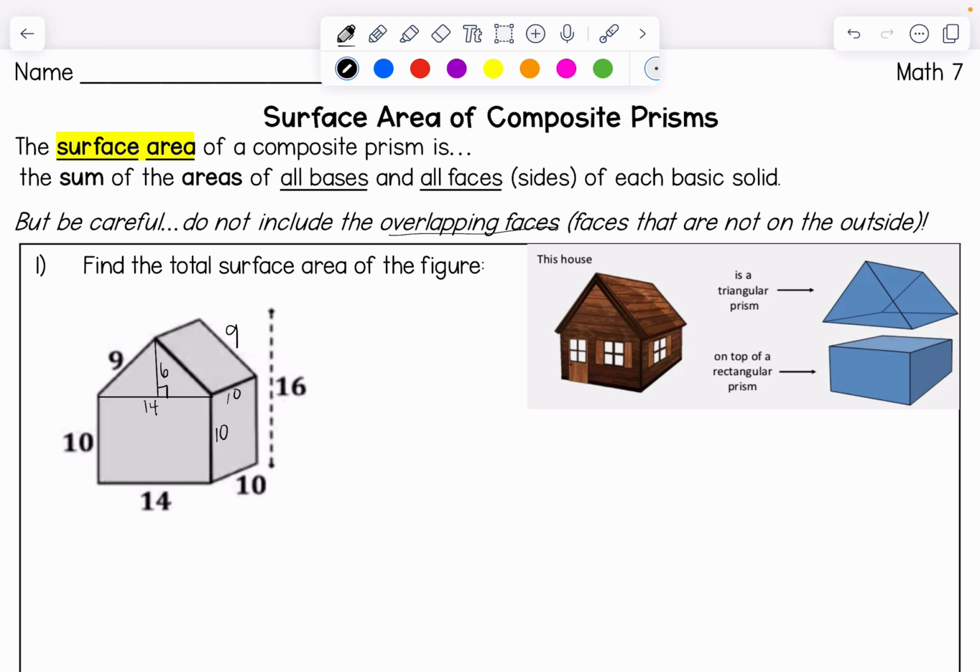So first we're going to look at the second floor of this house. The second floor is made out of that triangular prism.